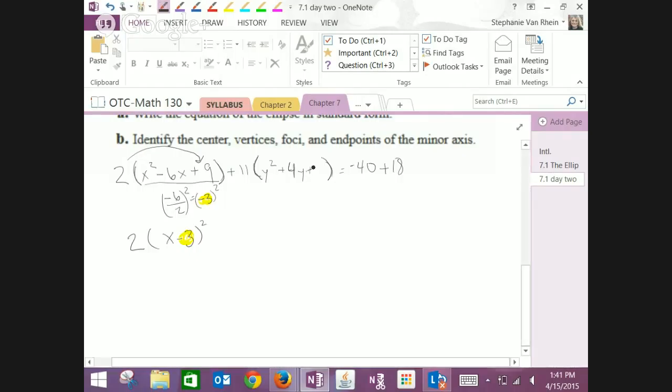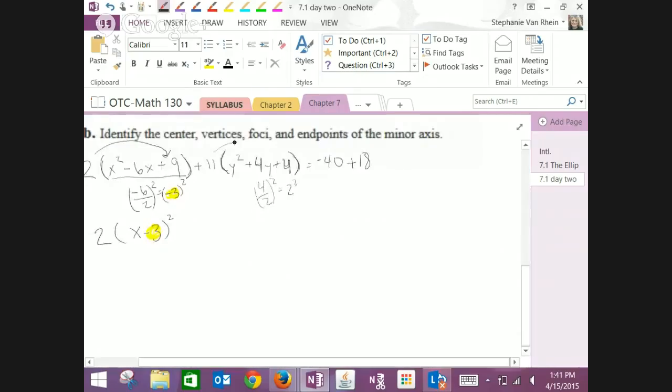What do I add to my y quadratic to make it a perfect square? 4 over 2 squared. So that's 2 squared, which would be 4, right? So I add 4, but really I'm adding 44 because of that 11 out front.